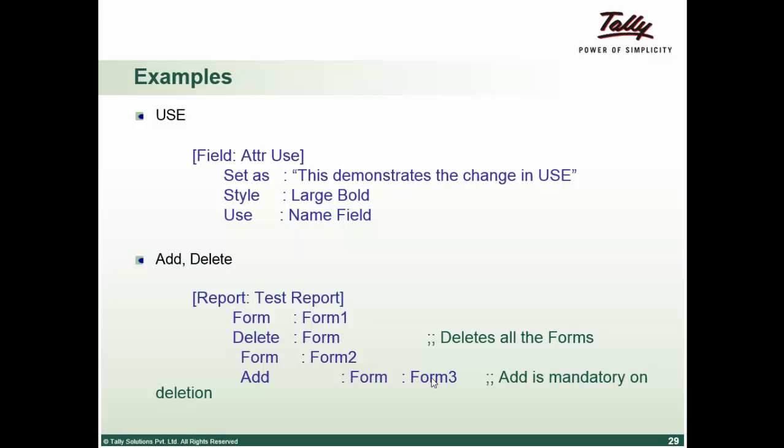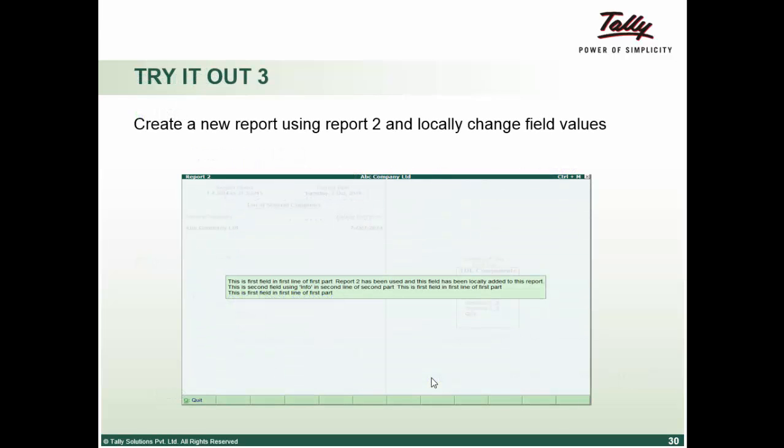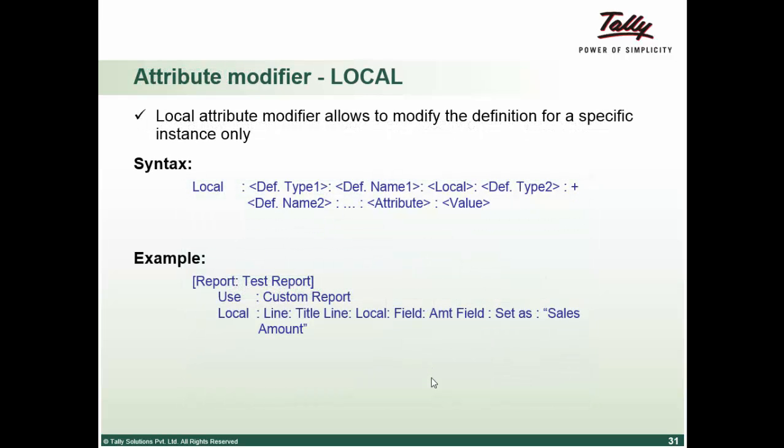So this is how the sequence is maintained by the system. So you can try this out, creating a new report using report 2 and locally changing the field values. And how to use a local attribute modifier is like this. You can simply say use and provide the report name and locally change the field value.